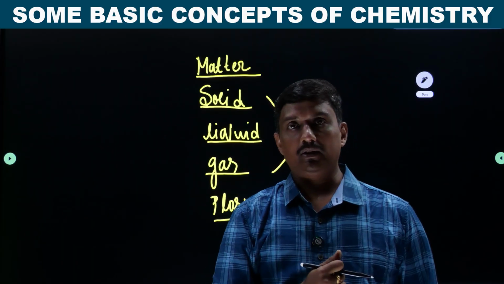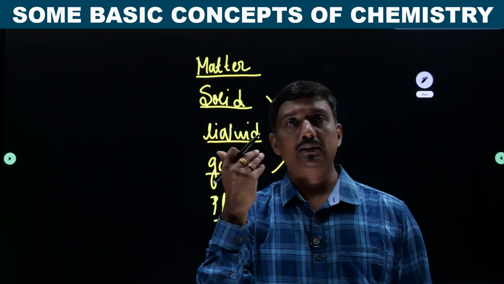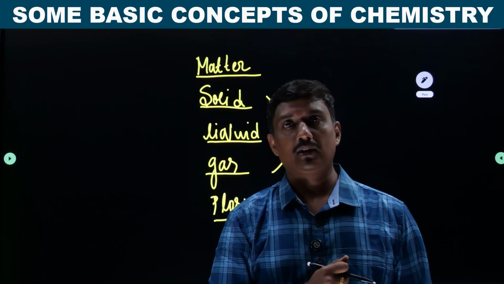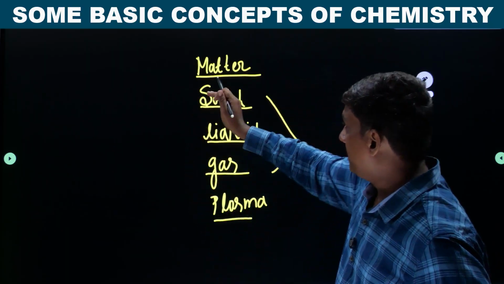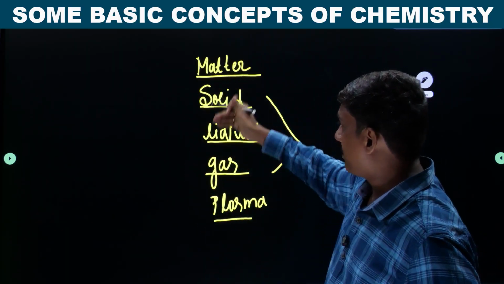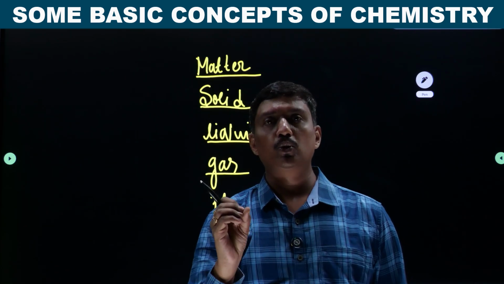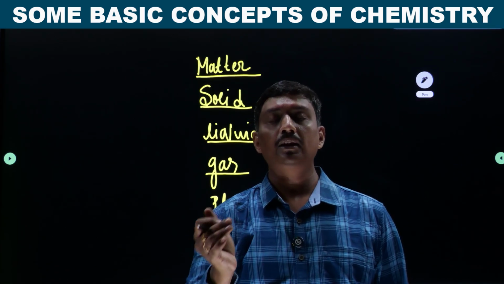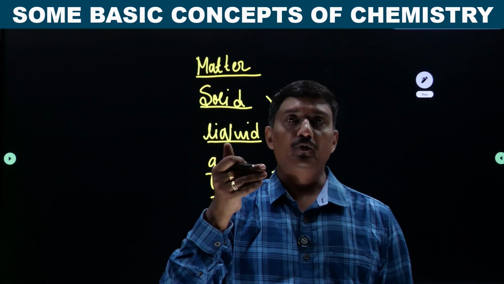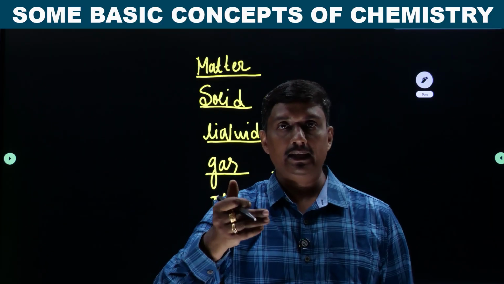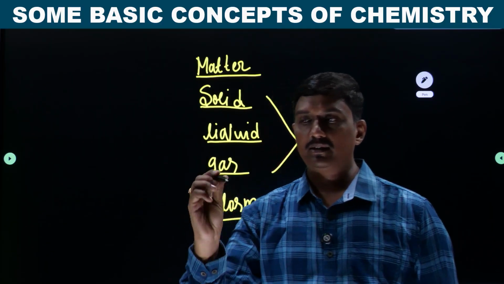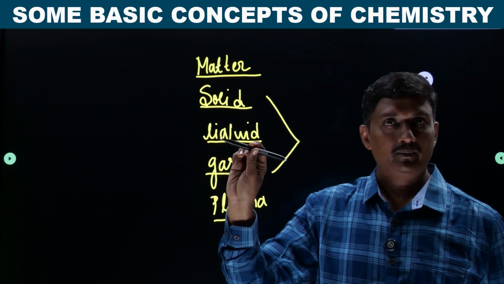What is a solid? How do you identify that the given matter is a solid? See, to identify the nature of matter, we are not performing any experiment. Just by looking at it and through feel, we can identify whether it is a solid, liquid, or gas. For example, take this pen.